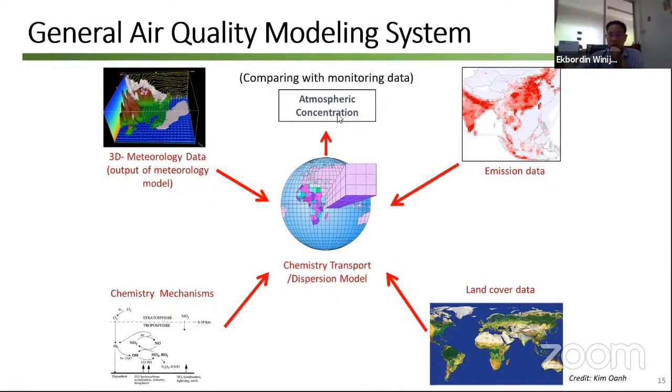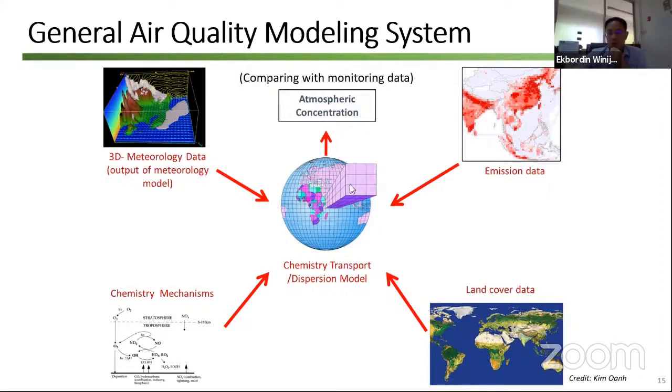This concentration, before we can use it in any publication, or before giving it to the public, we need to compare it with the monitoring data first, to see whether the predicted concentration is in a good range or not.